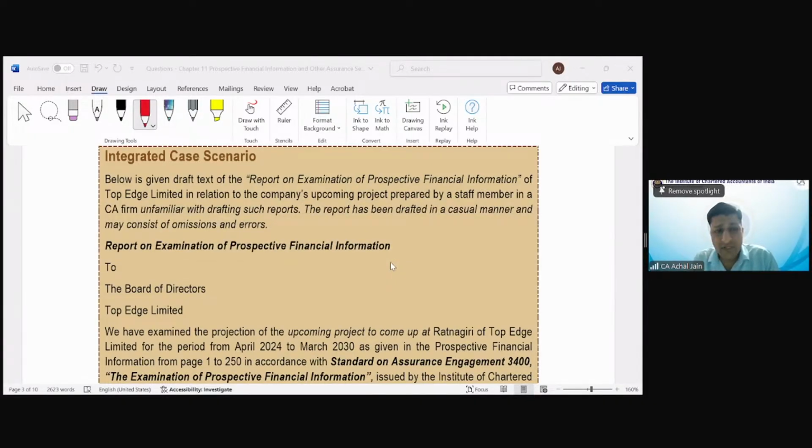So now we'll look at this case scenario. Below is the given draft text of report on examination of prospective financial information. This is for a company. So please understand it's a prospective financial information for a company, Topaz Limited, in relation to the company's upcoming project, prepared by a staff member in a CA firm unfamiliar with drafting such reports.